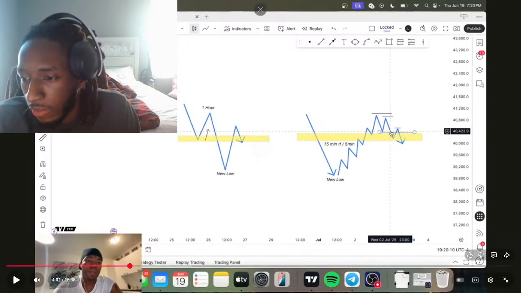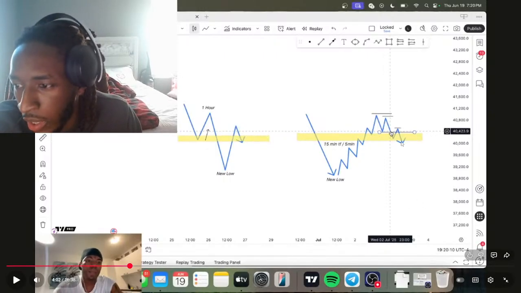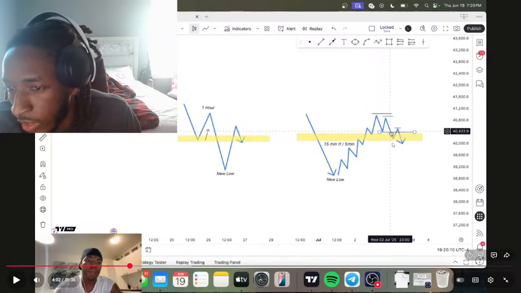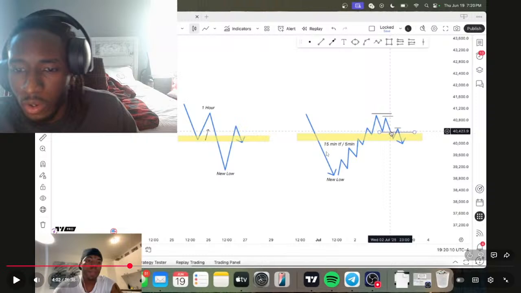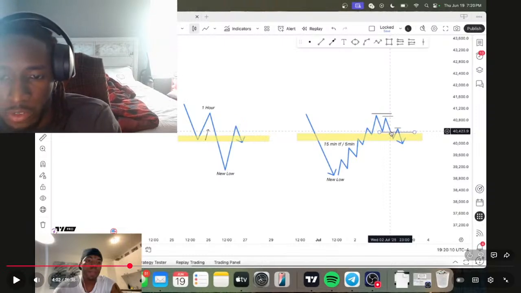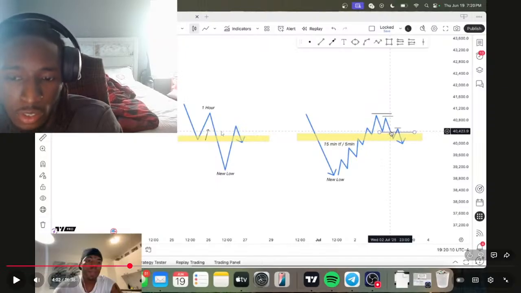This is how I trade: I sell more than I buy because it's easier to catch a trend like this. If it breaks this resistance, it's either going to come down here and bounce up, or it's going to close here.